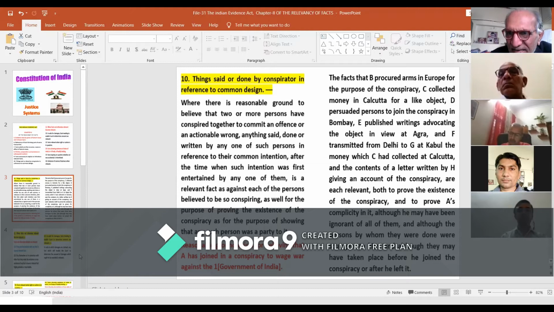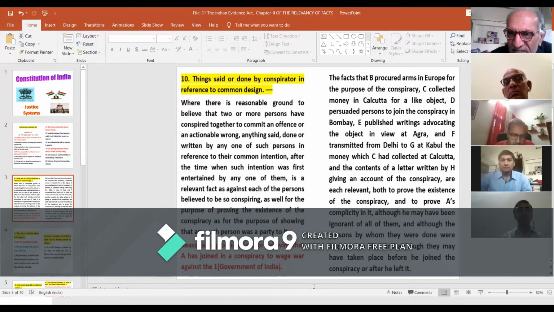And if that thing to be done is otherwise an offense in itself, then the agreement to commit that offense becomes a distinct offense. So there is one offense, say, of murder, and the conspiracy to commit murder is an independent offense. So murder and conspiracy to commit murder are two distinct offenses.